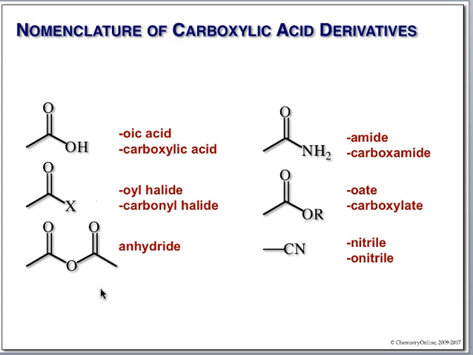We're going to call it an oyl halide or a carbonyl halide. This is an acid anhydride. This is an amide. If it's a substituent, we call it a carboxamide. An ester is an oate, or a carboxylate as a substituent, a nitrile or an onitrile, or a carbonitrile if it's a substituent.